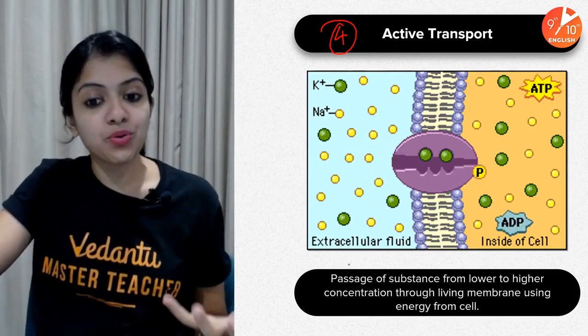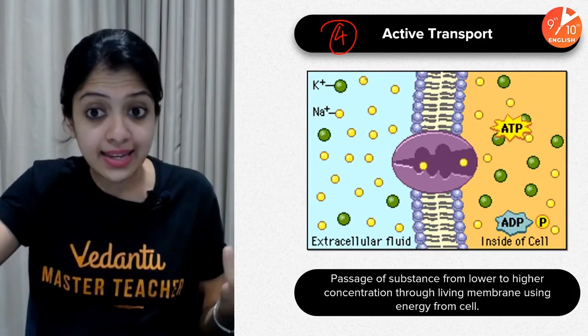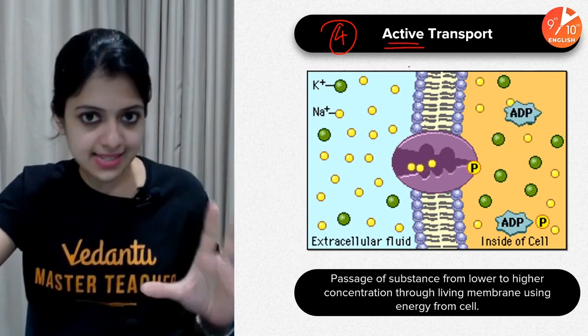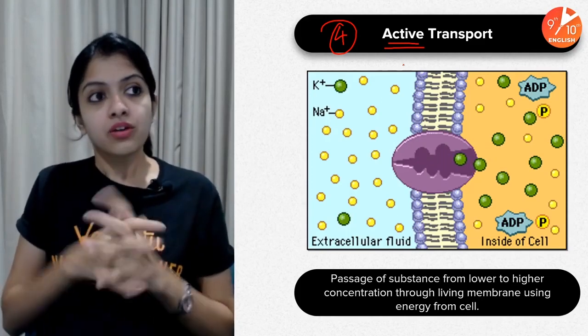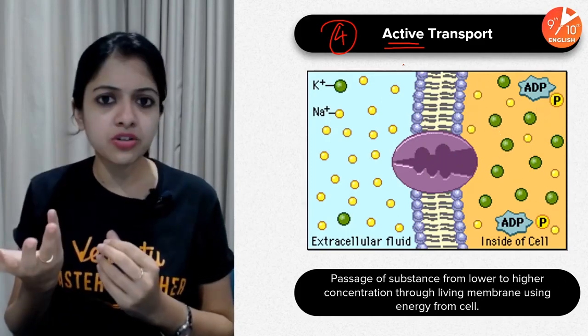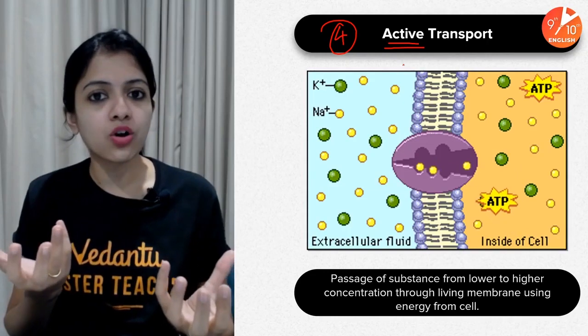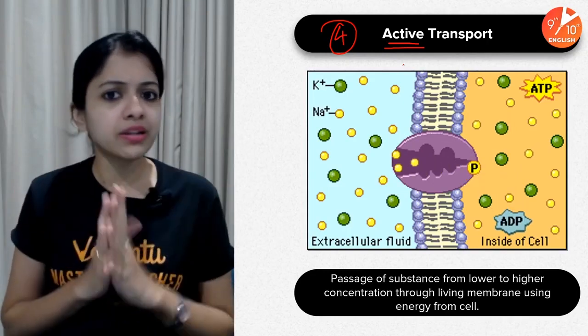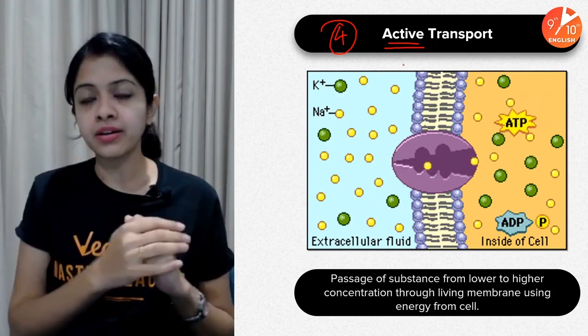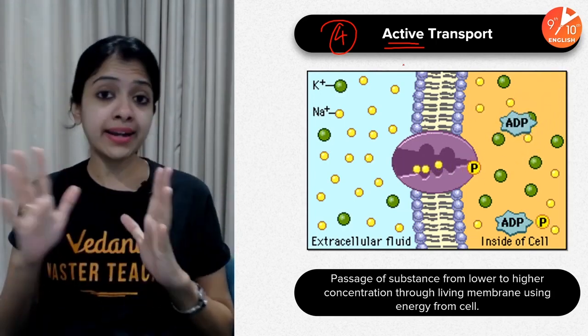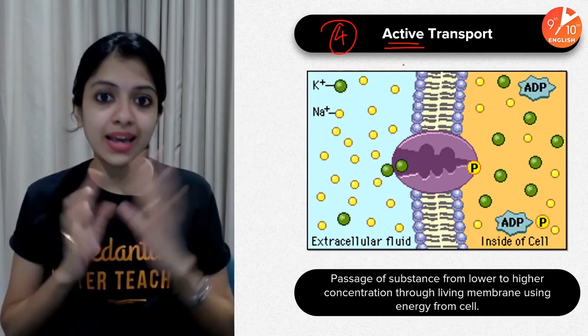Now active transport, like the name indicates, it is very, very active in the sense, what it does is, now in diffusion, what happens is, from an area of higher concentration to an area of lower concentration, movement naturally occurs, right? This normally occurs. Like imagine that you are riding a bicycle along a slopey area.